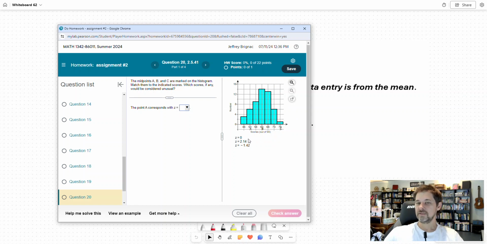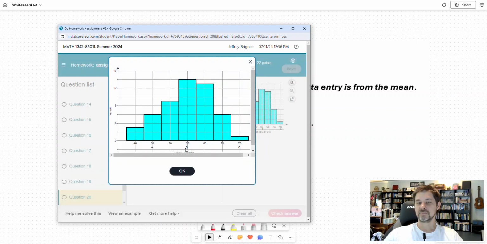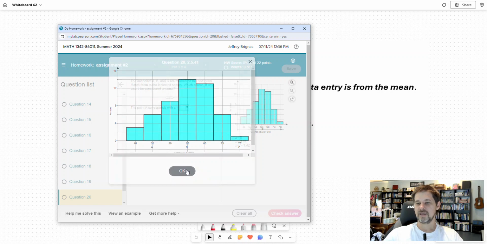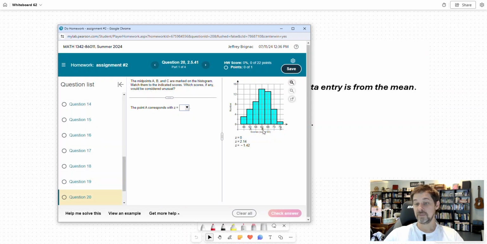First of all, what is the mean? The mean is roughly, in general terms, the middle of the data set. Only one of these points is at the middle. The data is spread out like this with most of it in the middle and not very much on the outsides, and the only point anywhere near the middle is B. So if one of these points has to have a z-score of 0, it's got to be B. There's no way point C could be the mean, and no way point A could be the mean.